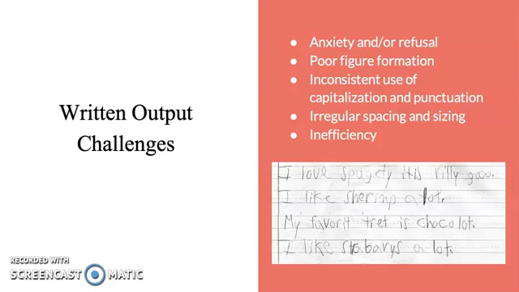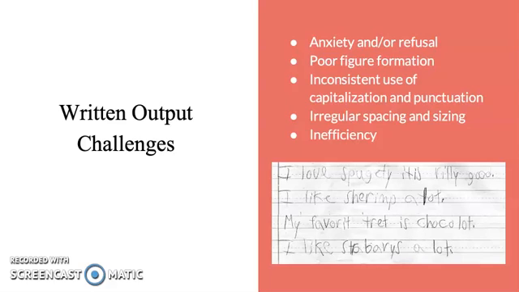You may see them write very large or sometimes really small letters and numbers. You may see problems with the pressure of their writing. I've seen written work that looks like the student was trying to drive the pencil right through the page with their writing. Or so light you can hardly make out what they're writing.